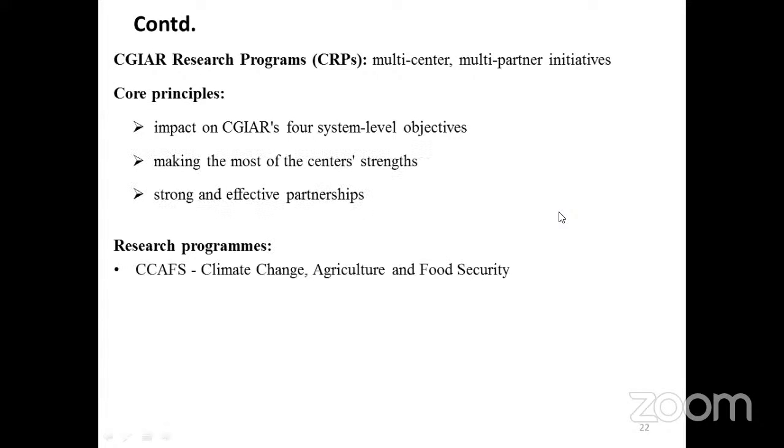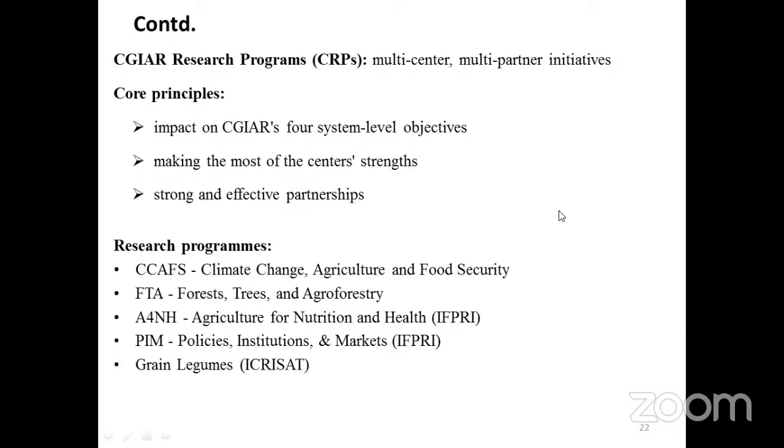Their research programs are mostly multi-center and multi-partner initiatives where they involve not only their own staff, but staff from ICAR or state universities also, and they even cooperate with NGOs and similar organizations. These are some of the research programs like CCAFS, which is still underway.